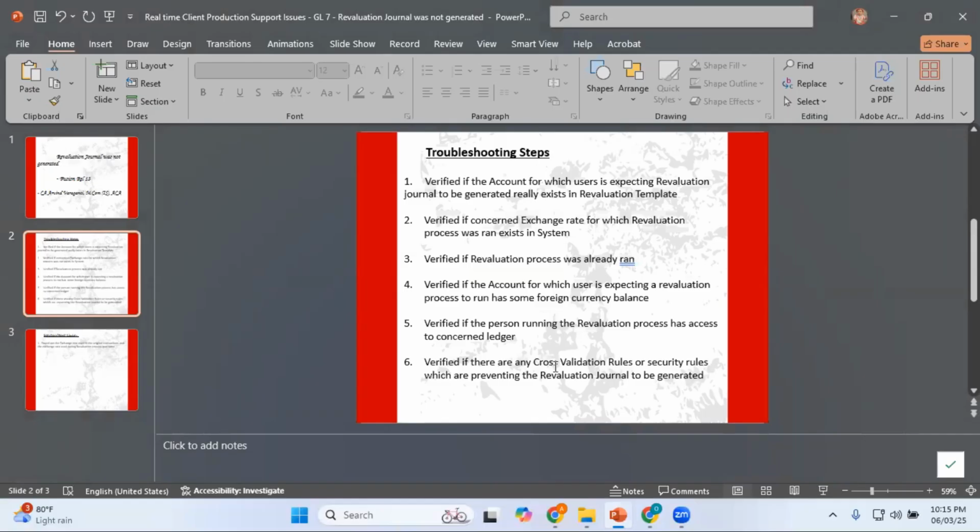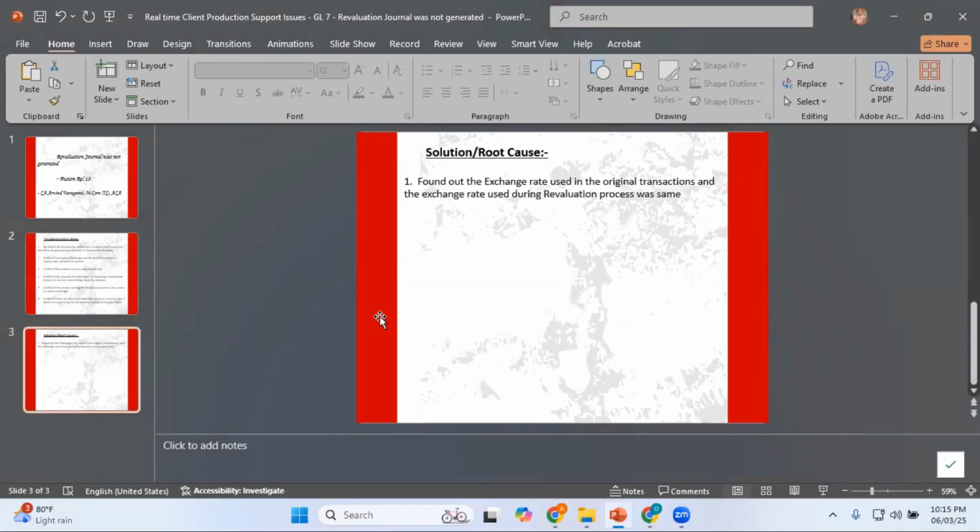And at last, we found out the reason why the system was not able to perform the revaluation. The reason was that the exchange rate used in the original transaction and the exchange rate used during the revaluation process were exactly the same.